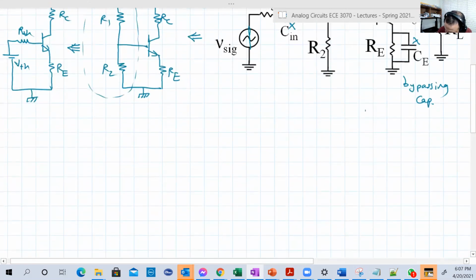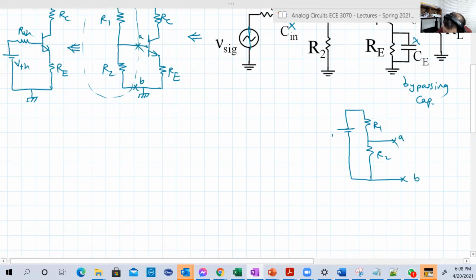Basically, we're gonna reduce this voltage divider with R1, R2. Here are the 2 points, let's call them A and B. I'm gonna reduce that to VTh and RTh between A and B. That's what we're gonna do now.